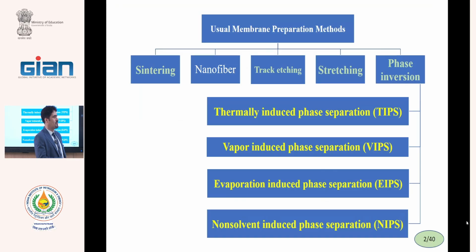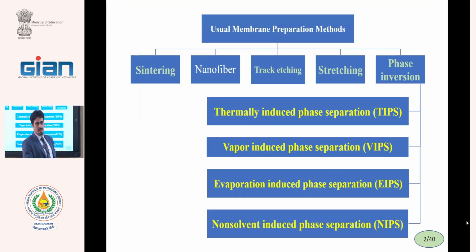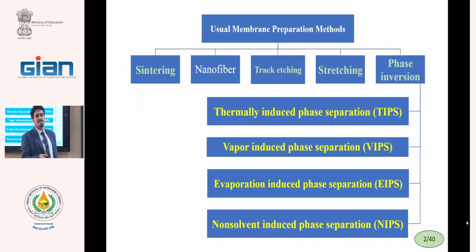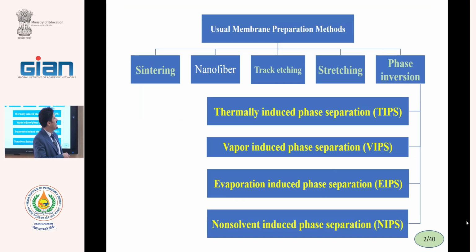Phase inversion was introduced by Loeb and Sourirajan. Sourirajan was an Indian scientist who lived in the USA. With the help of Loeb from the USA, he introduced the phase inversion method, which is a very simple method in comparison to others for fabrication of membranes.